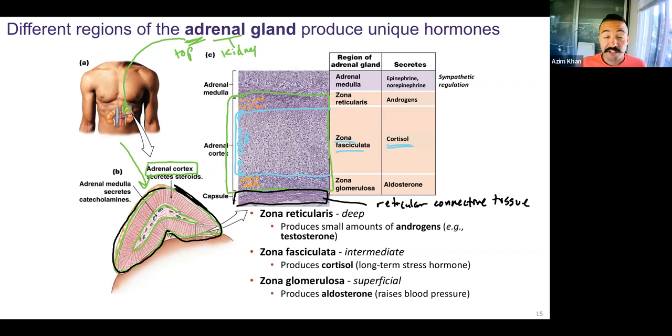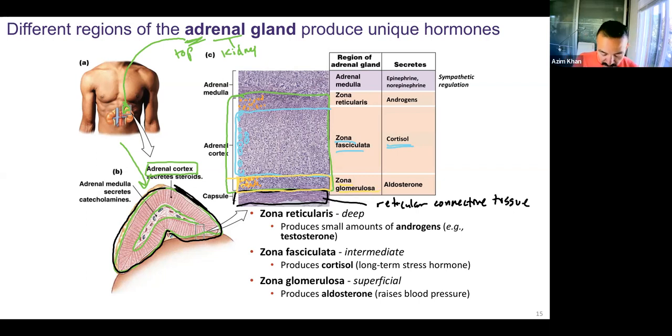There are other parts of the adrenal gland, and they are completely unrelated to that hypothalamus, anterior pituitary, zona fasciculata axis. Let's look at these other parts. The outermost portion of the adrenal cortex, I'm going to color it in yellow. The outermost portion of the adrenal cortex that isn't the capsule is called zona glomerulosa.